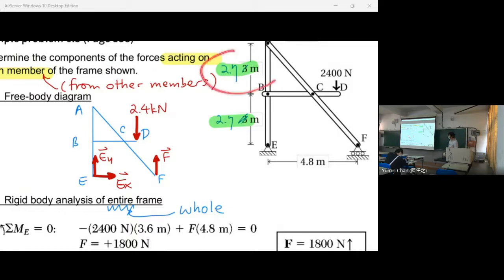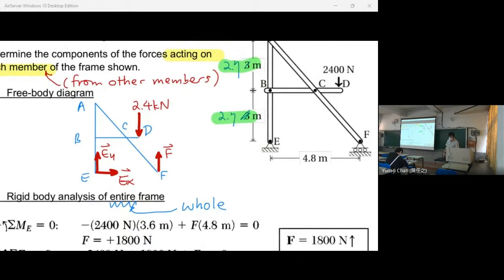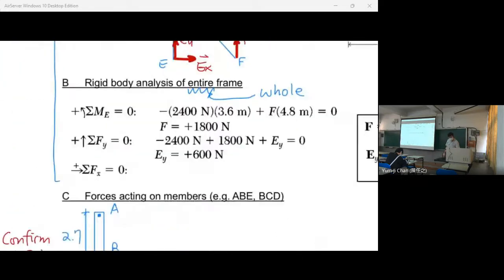These are 2.7 meters. Okay. So if it's okay, now we have 2.7 meters here.